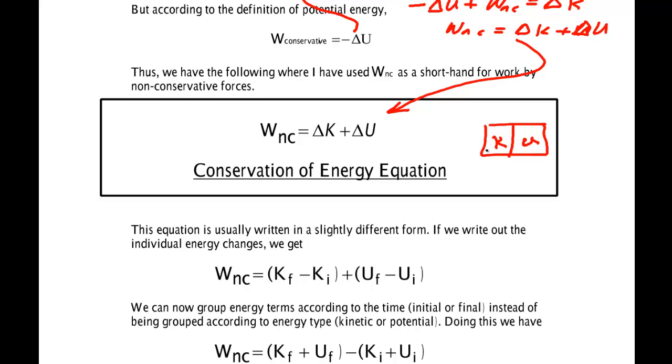That's what W net does. The conservative works put their money into this account. The overall effect of W net is to put it in the K account.